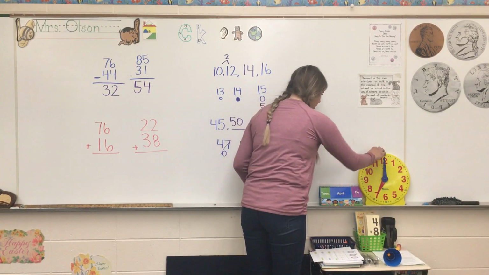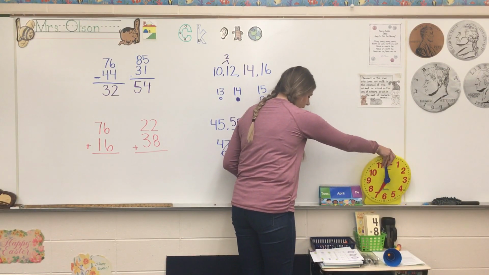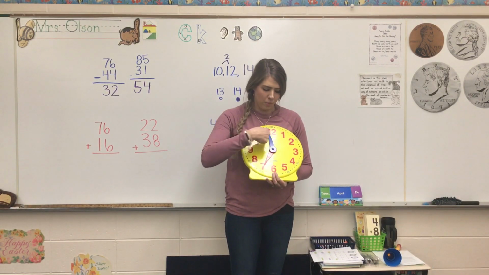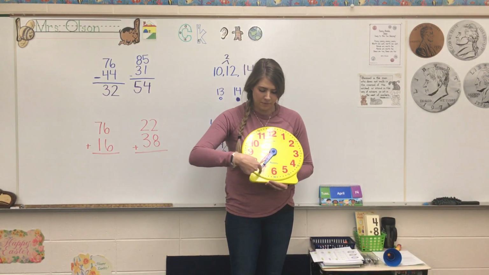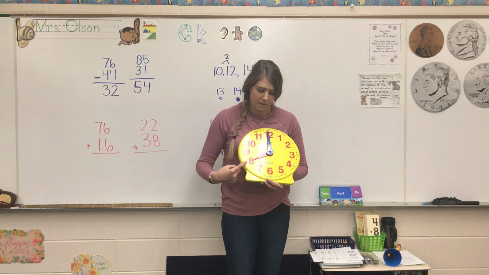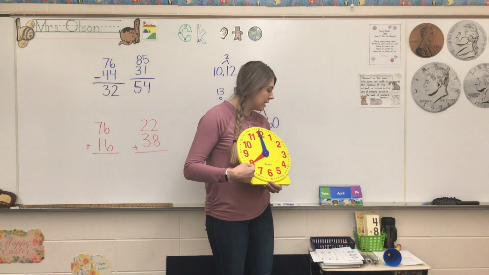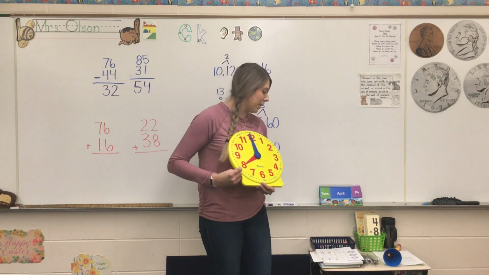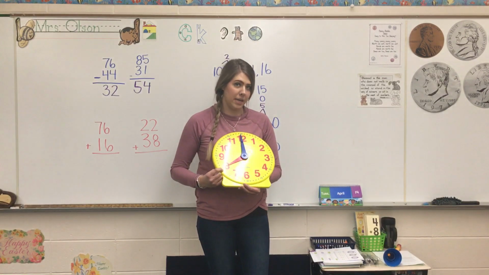It says write the time for 1 hour later. So the first clock is showing 7 o'clock. So if we go 1 full hour later, it gives us 8 o'clock. So this is the time that we're going to write. Even though the clock says 7 o'clock, we need to write down 8 o'clock because that's 1 hour later.